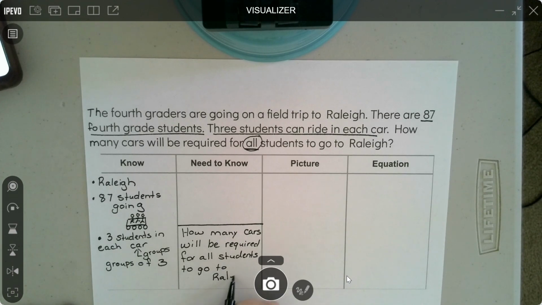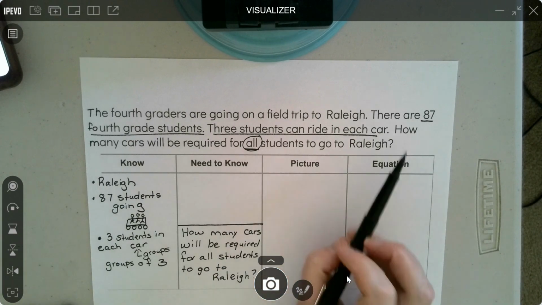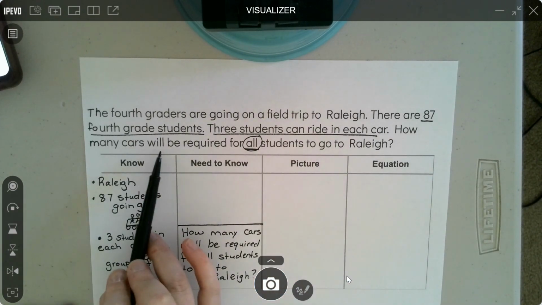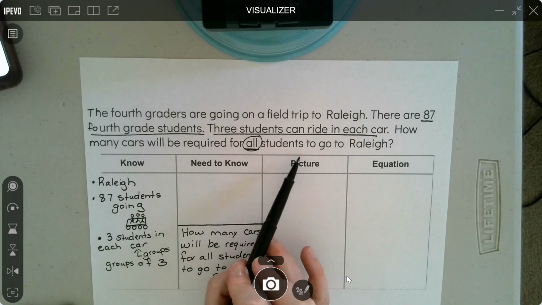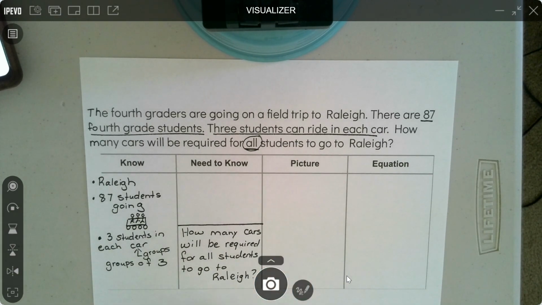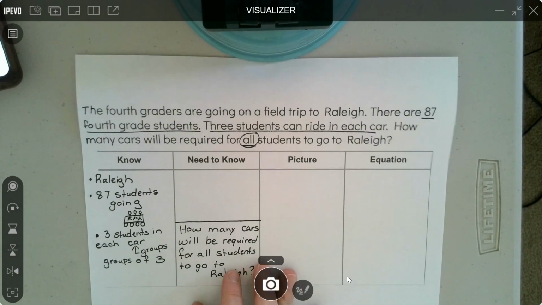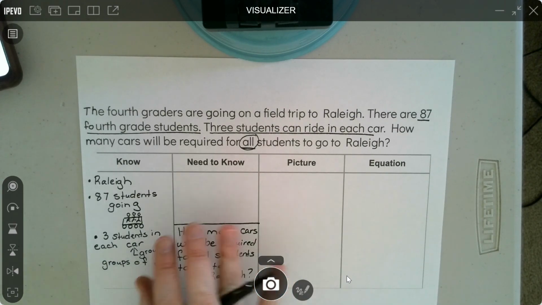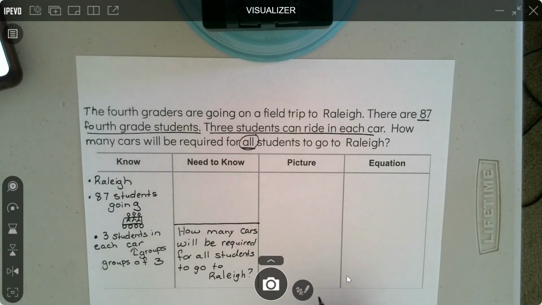Now, the word required here means need. So basically, how many cars will be needed for all students to go to Raleigh? Okay, so that is my big question. Now, I don't need to know any more information. This is a one question problem.